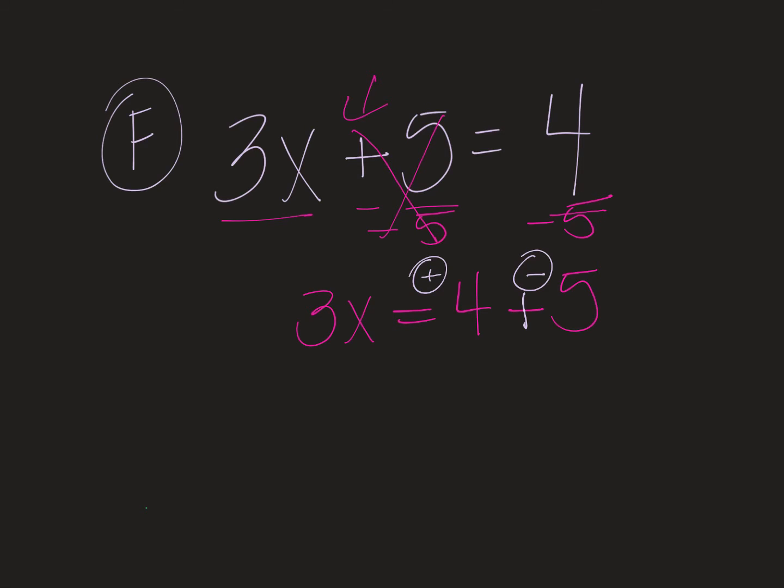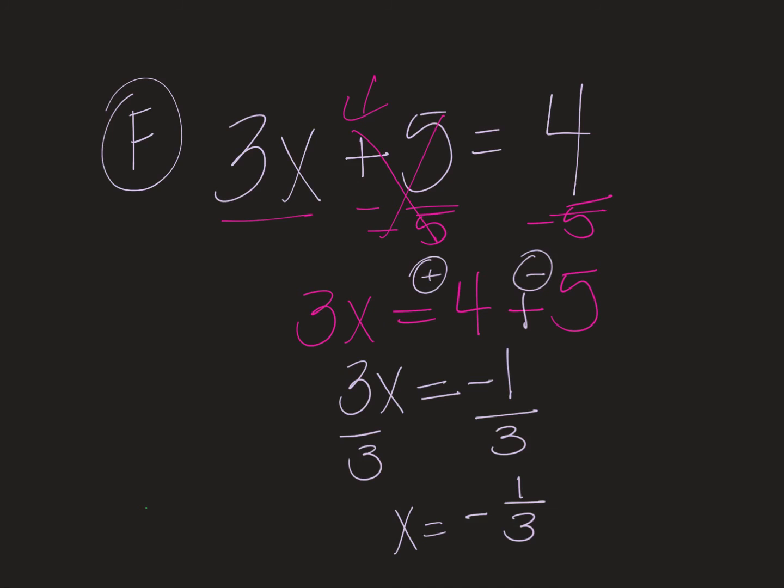Again, when you have a positive and a negative, you're going to subtract and take the sign of the larger number. So 3x equals negative 1. Divide by 3, divide by 3, and your answer is going to be in a fraction form. x equals negative 1/3.